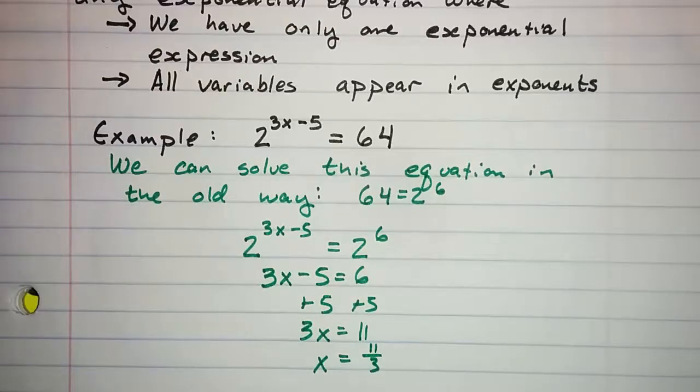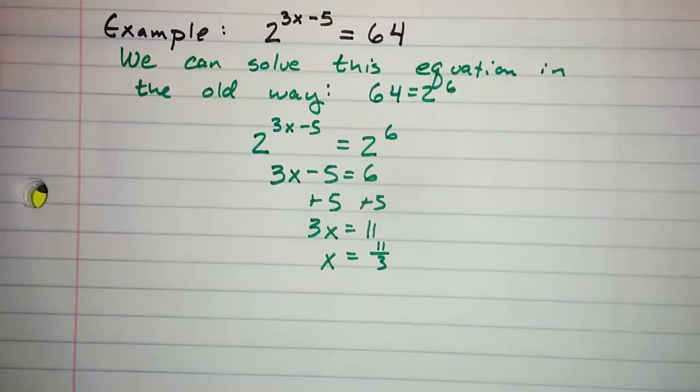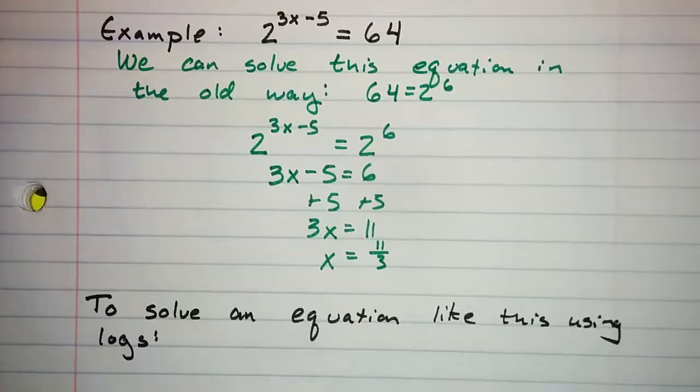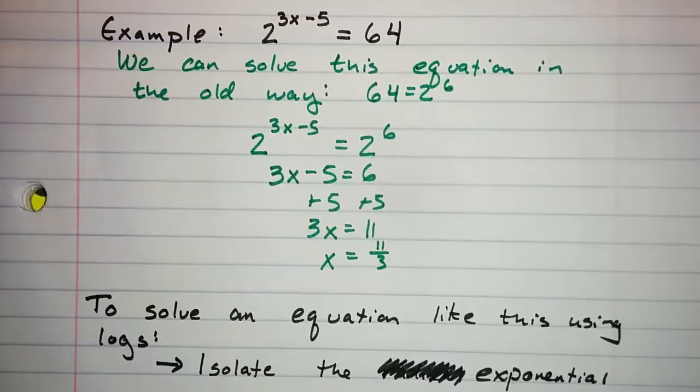What's nice about that? We already know the answer to this problem. That means that when we use our new technique, we'll know that our new technique worked. What does the new technique say to do? Well, first we isolate the exponential. In this simple example, that's already done for us, right?